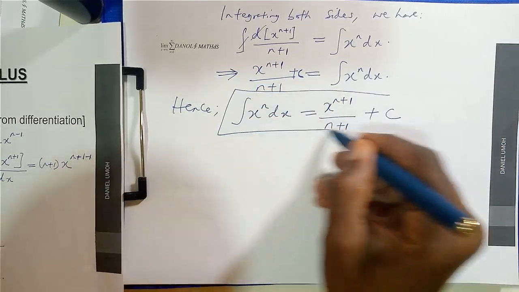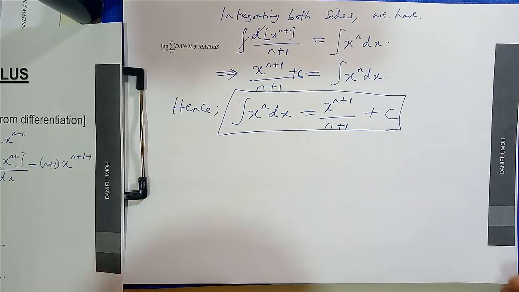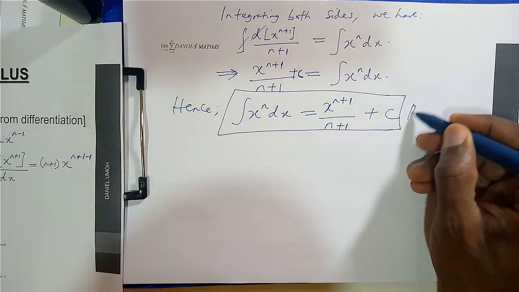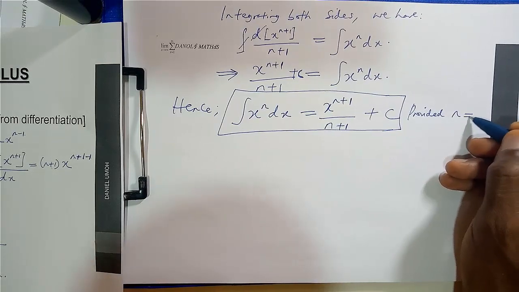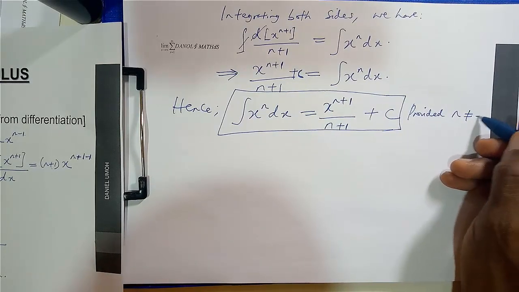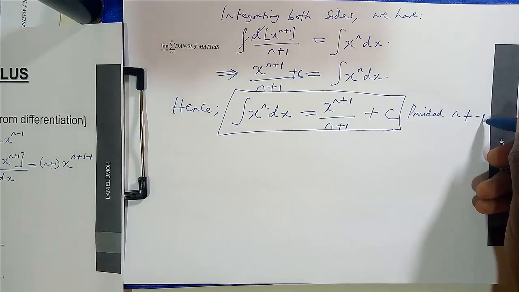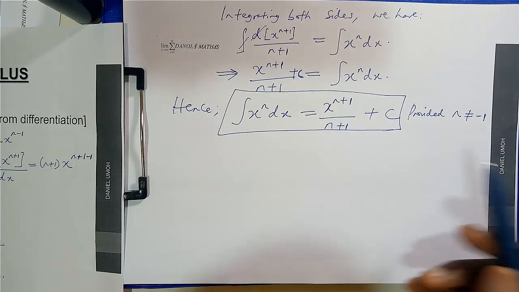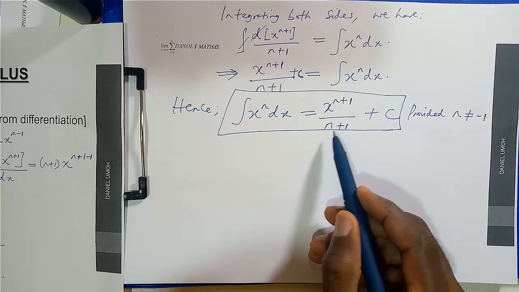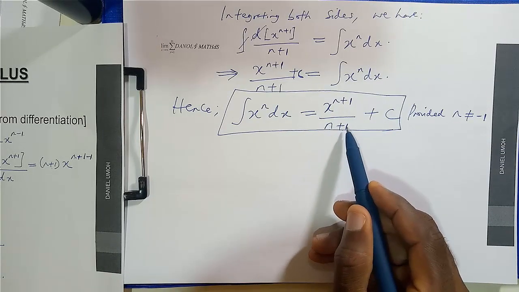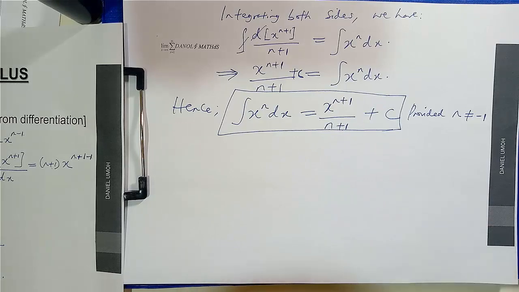This is the general formula for integration, provided that n is not equal to minus 1. Because if n is equal to minus 1, n plus 1 will become minus 1 plus 1, which is 0, so our solution will be undefined.